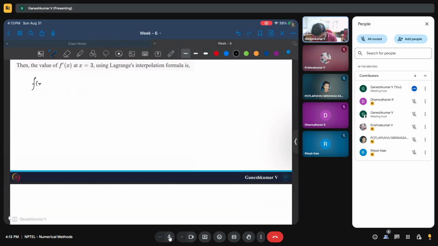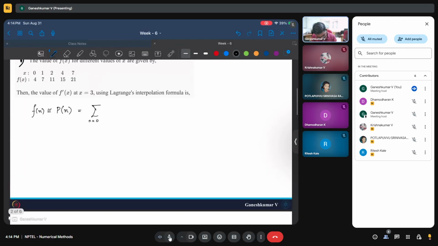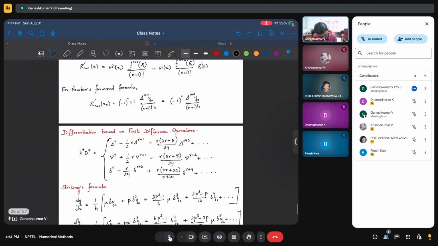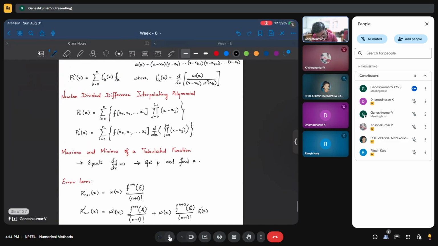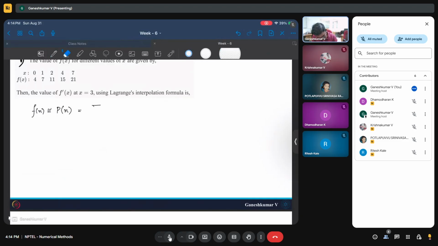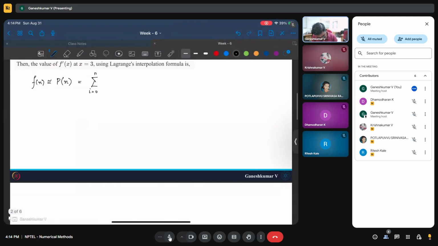We are trying to approximate f of x as a polynomial p of x, where this polynomial is a Lagrange polynomial, which is nothing but the summation over i equal to 0 to n of l i of x times f of x i.